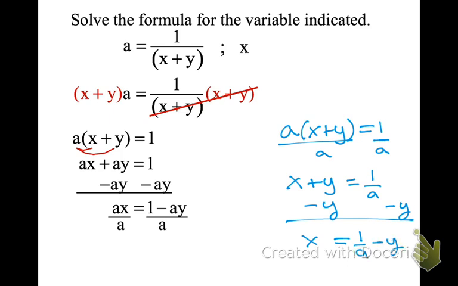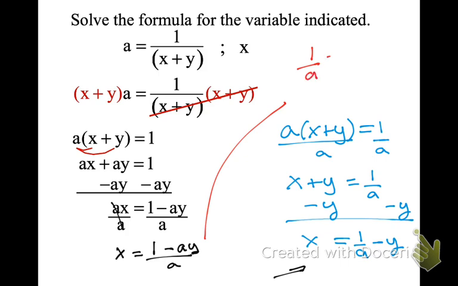Now, on this one, x equals 1 minus ay over a. This is the same thing. This is just simplified. What this really means over here on the left is 1 over a minus ay over a.